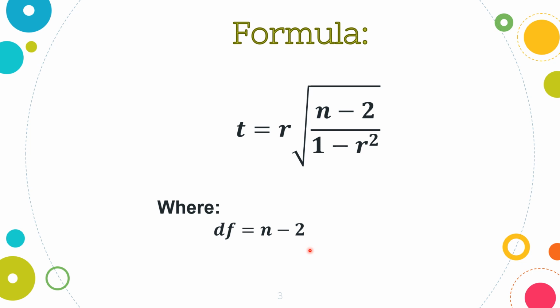Later I will show you the table. If the computed t is greater than the critical value, the greater is the chance to reject the null hypothesis. Okay?